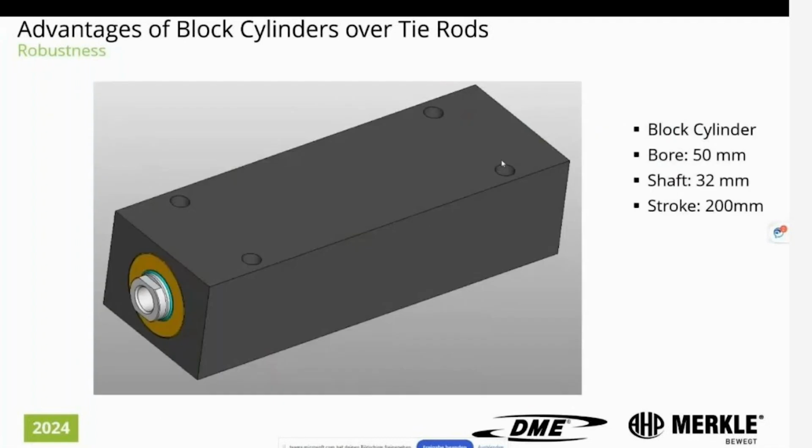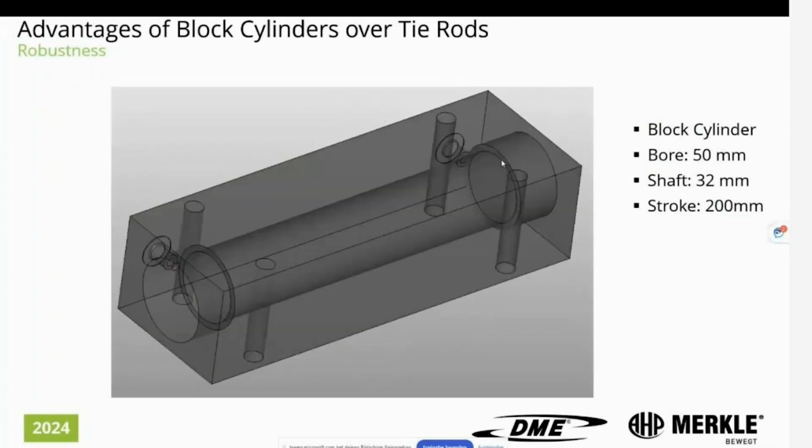If we look at our block cylinder, this is one of our block cylinders that we compare with exactly the same bore, exactly the same shaft, and also the 200 millimeters of stroke, we can see just by the block that it is much more robust, and it's a unique part.